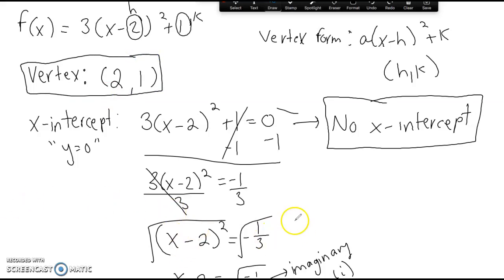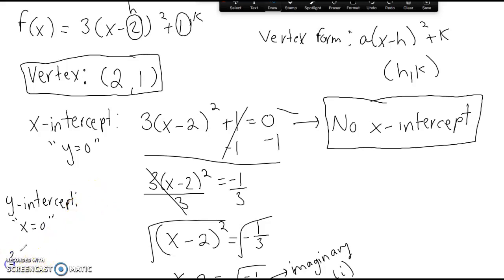So now let's take a look at our y-intercept. We have a y-intercept when x equals 0. So what we have to do is plug 0 in for any x variable you see.